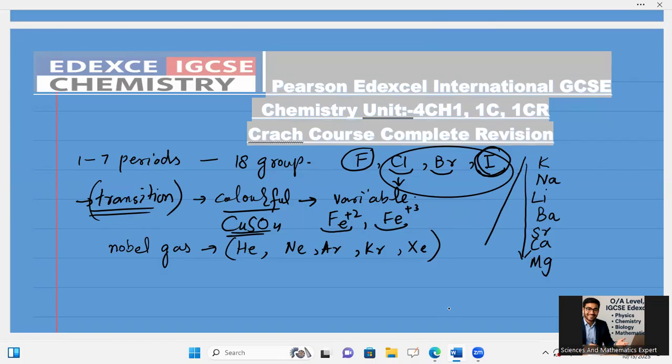After magnesium, there is aluminium, manganese. Manganese is a black colored metal. Then zinc, chromium, and iron.